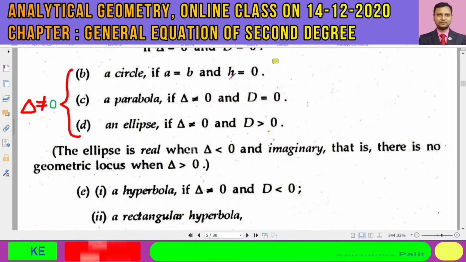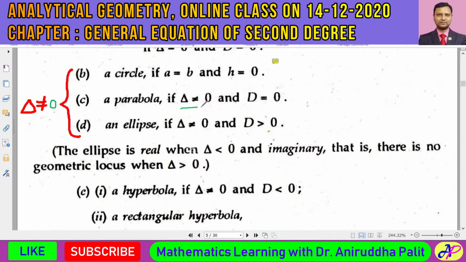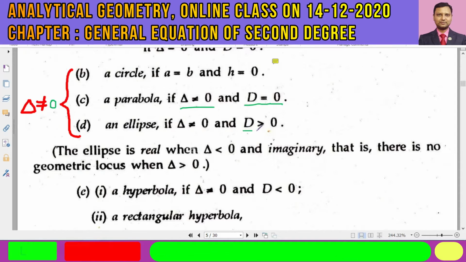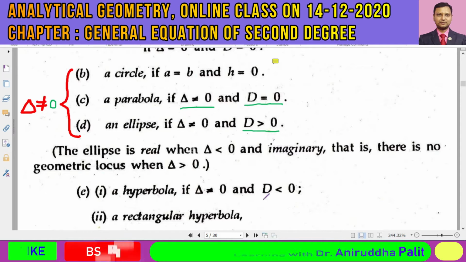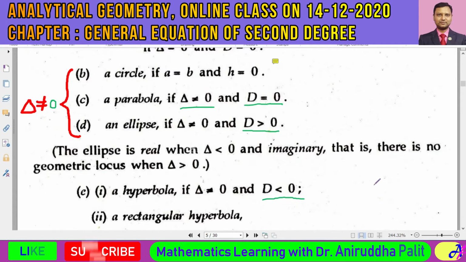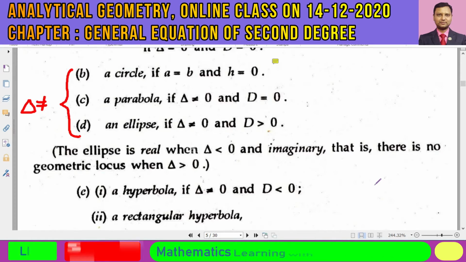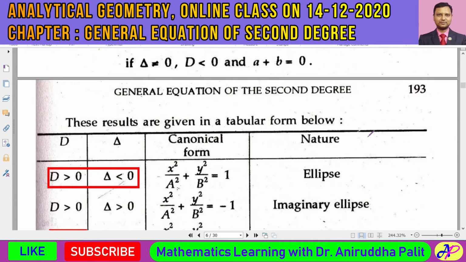Particularly when delta is not equal to 0 and d is equal to 0, it represents a parabola, and if d is greater than 0, it represents an ellipse, and if d is less than 0, it represents a hyperbola. This much I discussed. So I am not going into the detail.